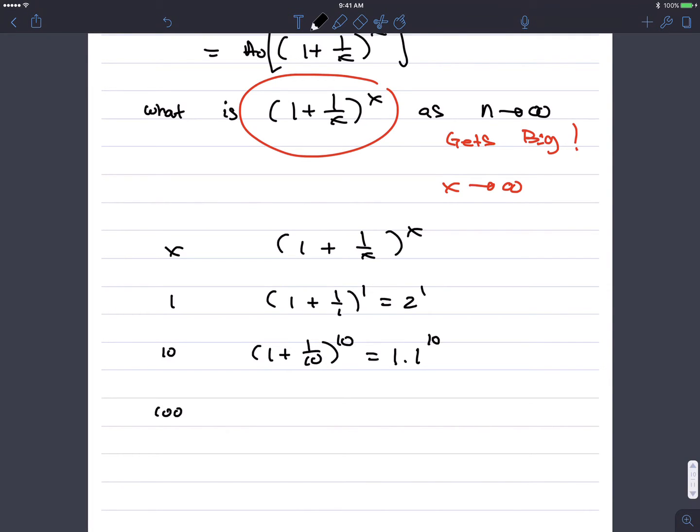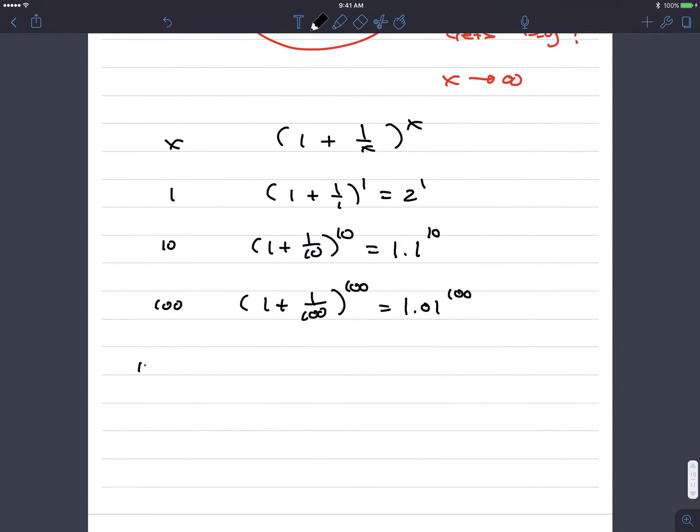Let X be 100: 1 plus 1 over 100 to the 100th power is 1.01 to the 100th power. All right, let's let X be 1,000: 1 plus 1 over 1,000 to the 1,000th power is 1.001 to the 1,000th power. Let's do another one.